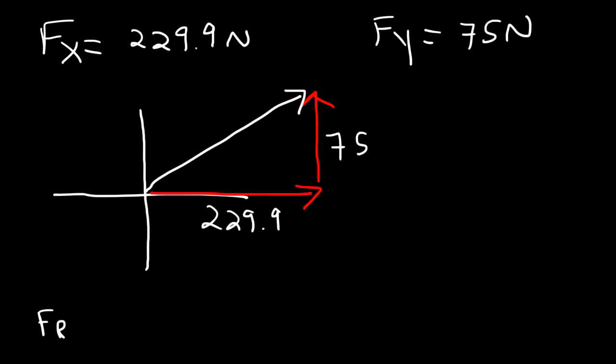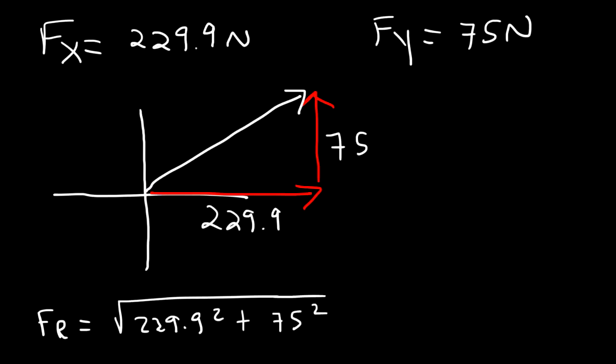And to find it, it's going to be the square root of f of x squared plus f of y squared. So you should get 241.8. So that's the resultant force vector. That's the magnitude of it.